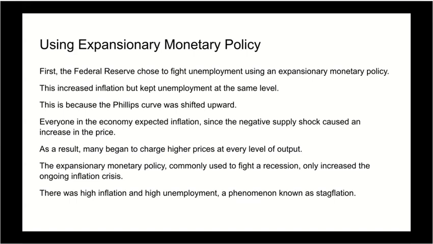Everyone in the economy expected more inflation, since the negative supply shock caused an increase in the price. As a result, many began to charge higher prices at every output level. The expansionary monetary policy, which is commonly used to fight a recession, only increased the ongoing inflation crisis. There was high inflation and high unemployment, and this is a phenomenon known as stagflation.